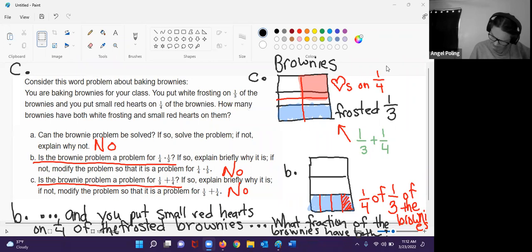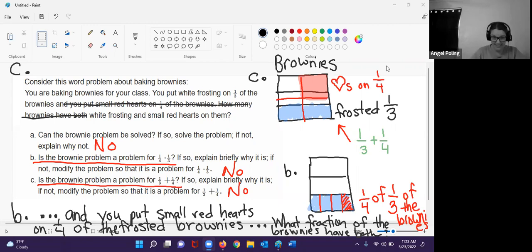Sorry, I caught that, so I had to go fix it. But now B reads, you're baking brownies for your class. You put white frosting on 1/3 of the brownies, and you put small red hearts on 1/4 of the frosted brownies. What fraction of the brownies have both white frosting and small red hearts on them? So now I believe that's fixed.